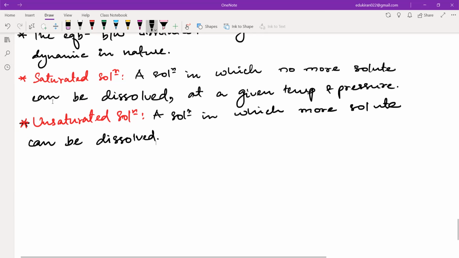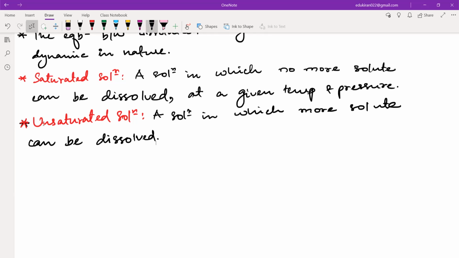Now, we have learned about what is solubility, what is dissolution, what is crystallization. Now let's talk about specific binary solutions. That means I will give you the phase or the state of solute and the state of the solvent. First of all, we will discuss the solubility of solutions in which the solute is solid and the solvent is liquid.